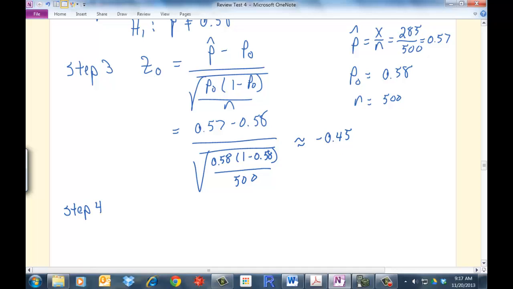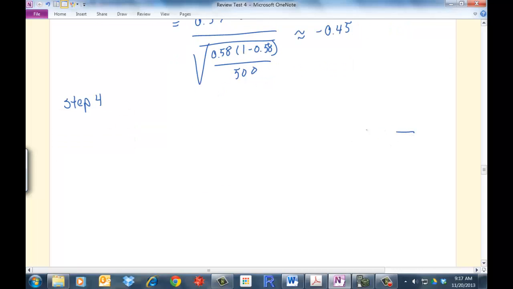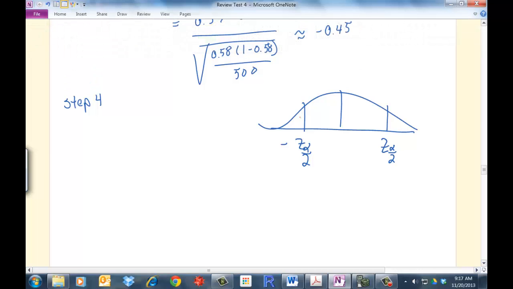Step 4 is to find the critical values, since we're using the classical approach. So let's draw our picture, and we've got z alpha divided by 2 and minus z alpha divided by 2. And this region here is the critical region, and this region here is the critical region. Basically, all we have to do is look in table 5 to get z alpha by 2 and minus z alpha by 2.